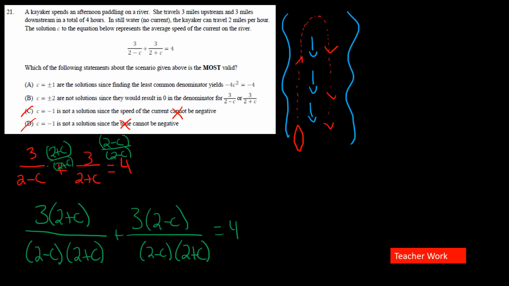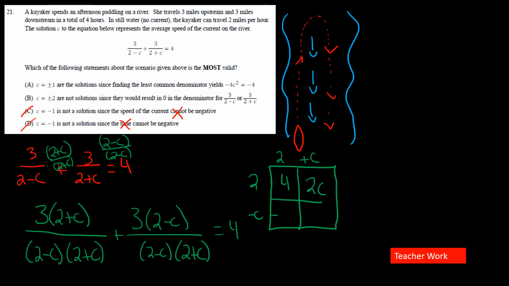If I was to multiply these two common denominators, you could do the box method. It is going to end up just being a difference of squares. So we'll do this pretty quickly here. We'll have 2 minus c times 2 plus c. 2 times 2 is 4. We get a 2c, we have a negative 2c, and then a negative c squared.